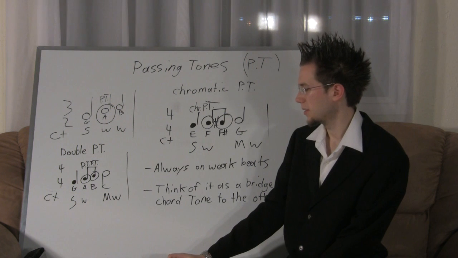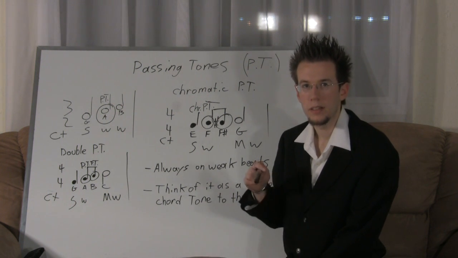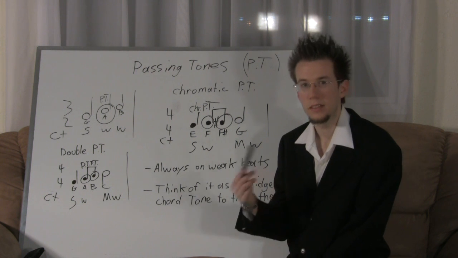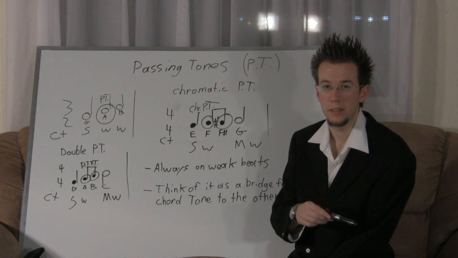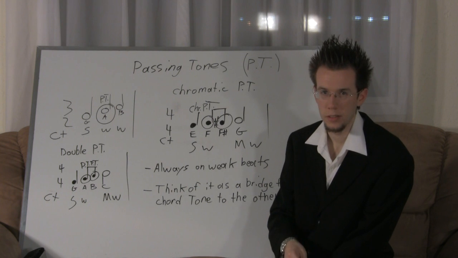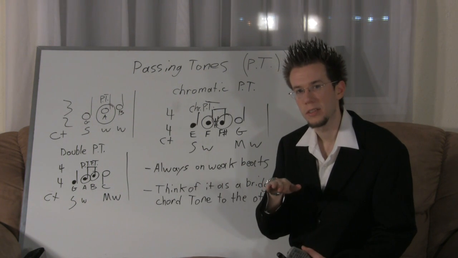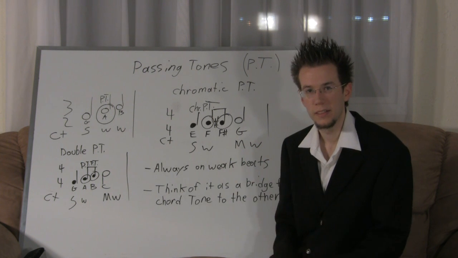So a double passing tone is A, B. So da da da da, kind of like that. You're hearing da and then da, and then the 2 passing tones are da da. So you hear how those passing tones are just da da in between, right?